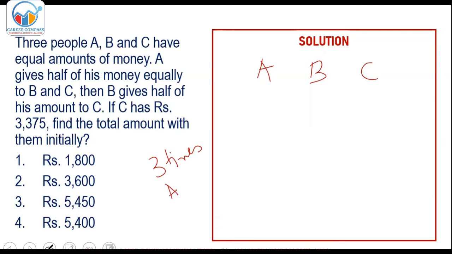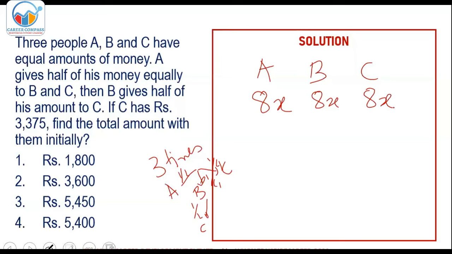Once, A's half is further being distributed to B and C, so that means it is 1/4 and 1/4. And again B is giving his half to C. So that means half of 1/4 is 1/8. So what if I take the initial amount as 8x rather than x? Why 8x?